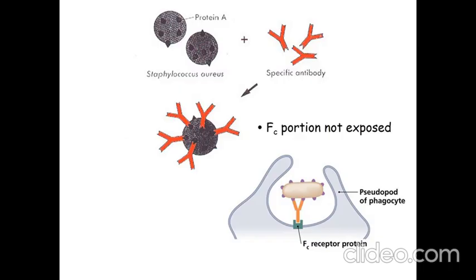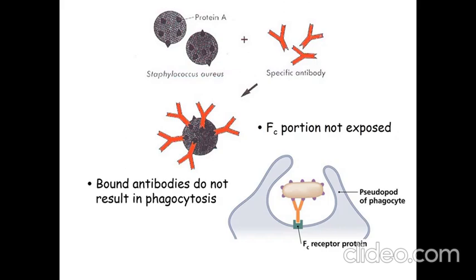If that doesn't happen, then there is no phagocytosis. If there is no bound antibodies, they don't know to engulf it, they don't know to eat it. So it makes them essentially invisible out there to the phagocyte because the phagocyte is relying on that protein A being attached to that Fab portion. It then recognizes it by attaching to that Fc, and then it can engulf it and eat it.